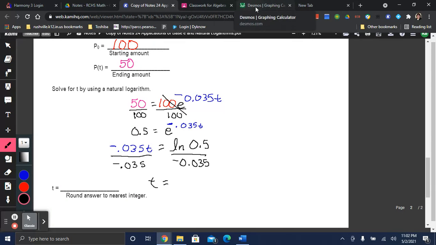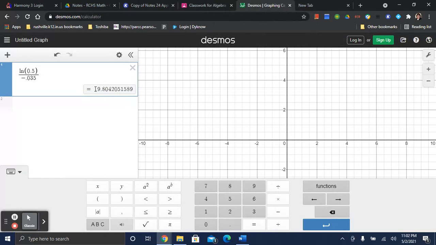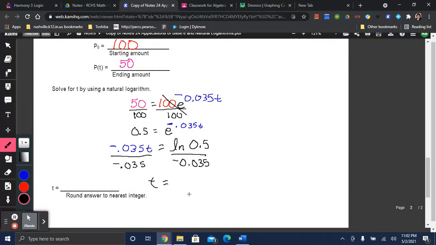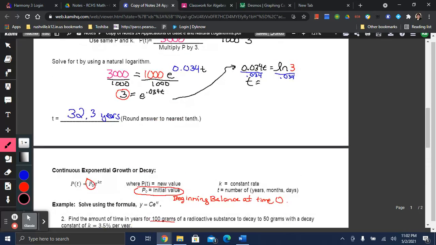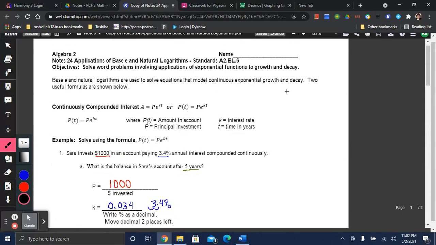So 19.8 would round up to 20. And so this will round to 20, and that would be in years. So 20 years. All right, so those are a couple examples to help you out with the natural logarithm applications. Good luck with your homework on this.